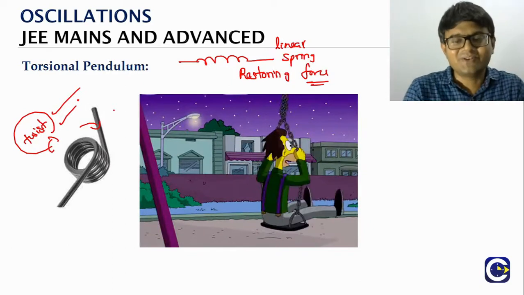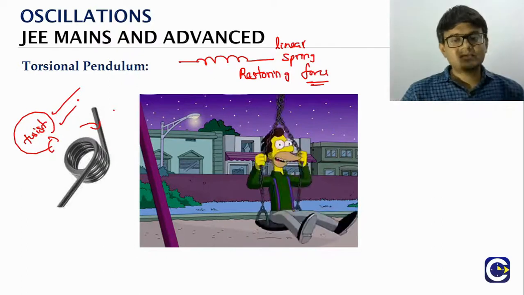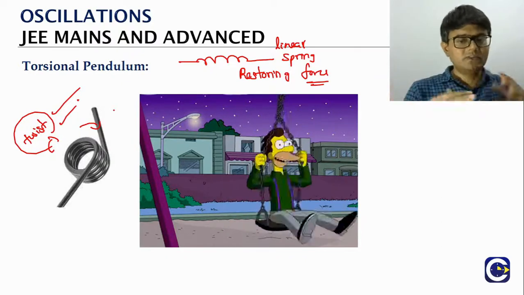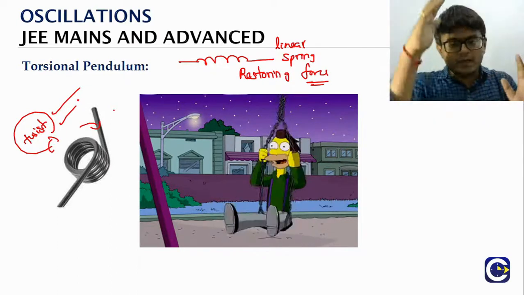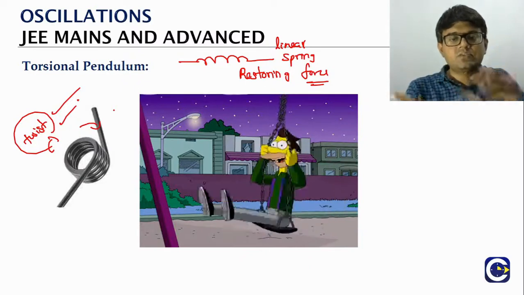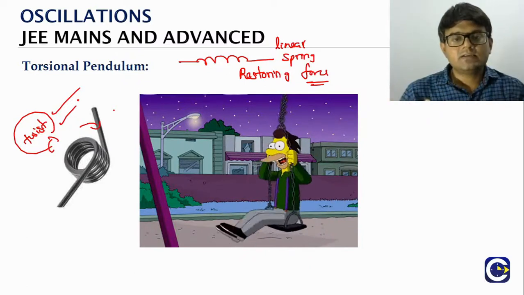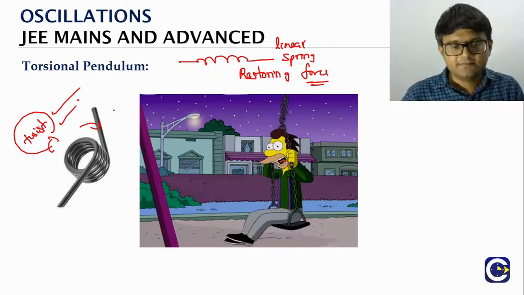I'm sure this animation gives us a better perspective. This is something that some of us would have done while swinging: sometimes we twist the rope. If you twist it and then release it, it gets unwound, so you will be rotating in the opposite sense.